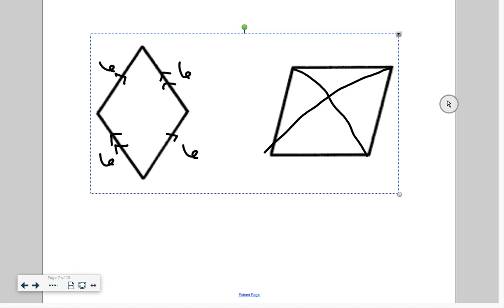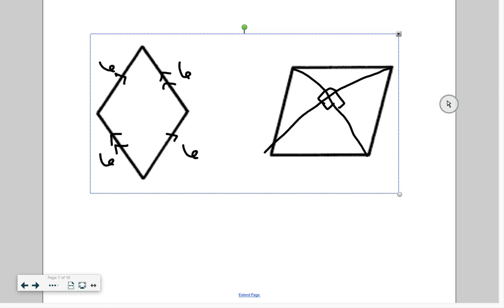All right, so the diagonals of a rhombus are perpendicular. That means where they intersect, it creates all right angles. Imagine this is drawn perfectly, okay?